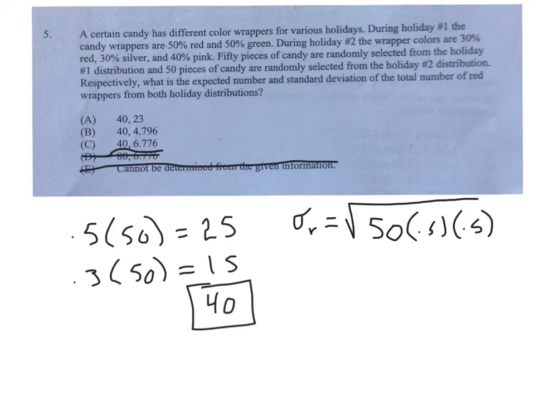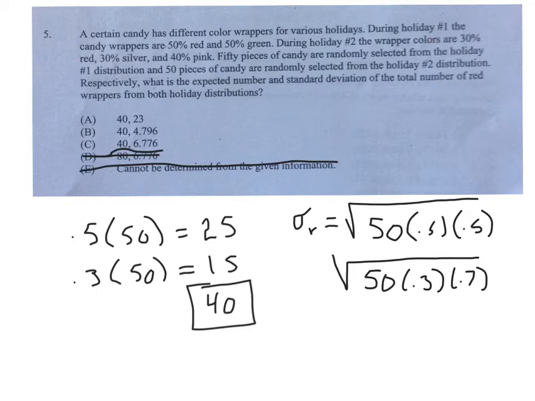Okay, P and 1 minus P. Same thing with the other situation. So that would be another 50, right? But in that case, only 30% were red, and then multiply that by like that.